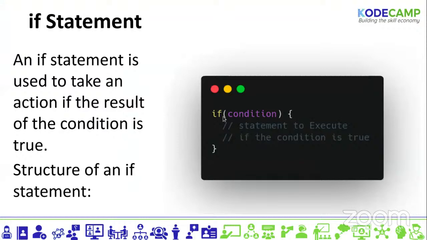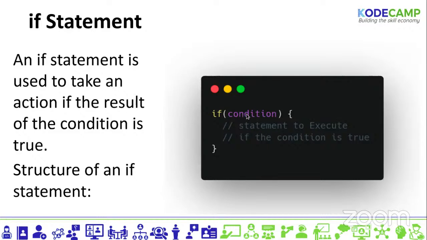So an if statement is used to take an action if the result of a condition is true. So this is the basic structure of an if statement. You have if, then you have the condition that you're putting inside these brackets, and when this condition is being evaluated, the value should be a boolean.